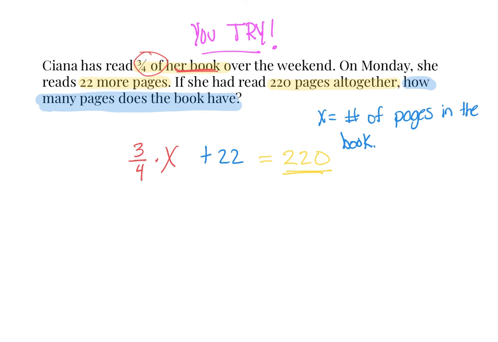And now we can solve. So subtract 22 on both sides. So we end up with 3/4 x equal to 198. Now, maybe you would like to get rid of this fraction. So maybe you want to multiply everything by 4 to get rid of the fraction.